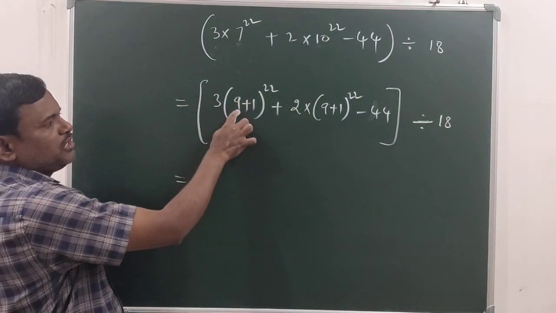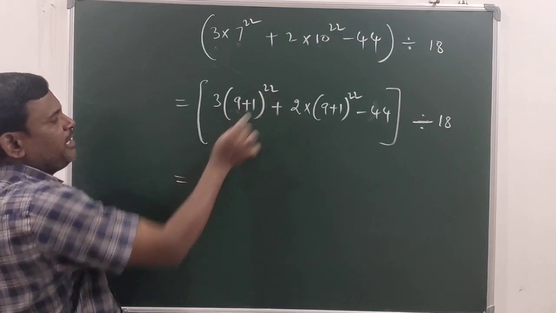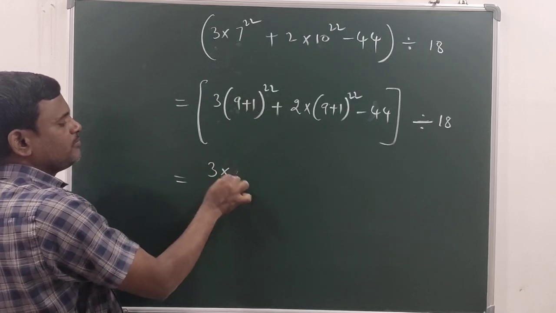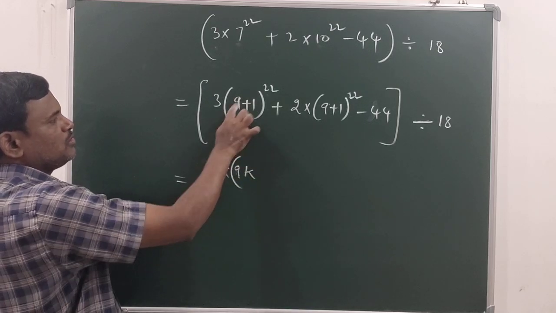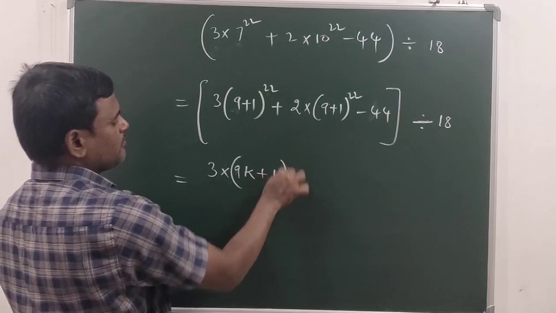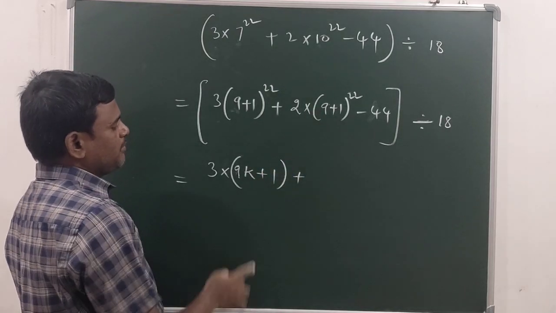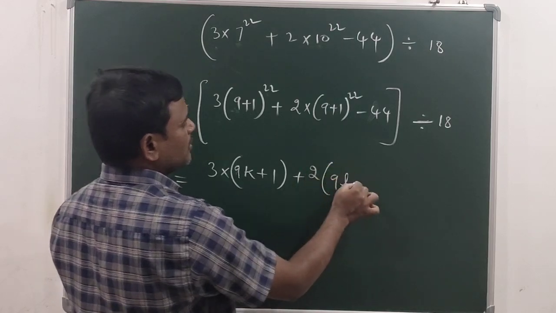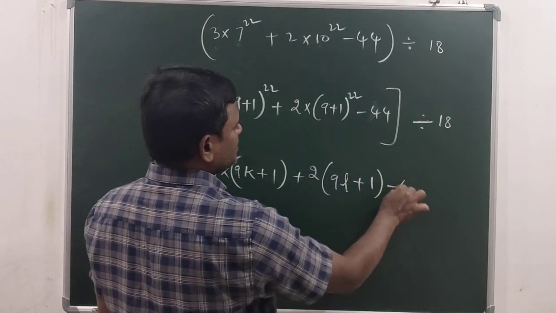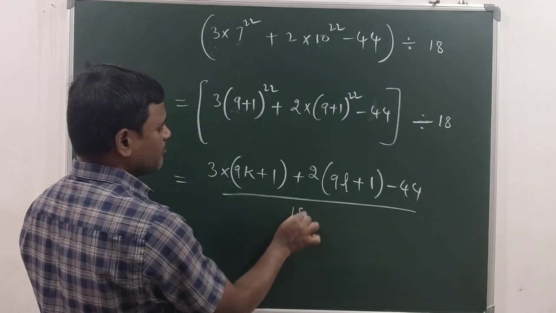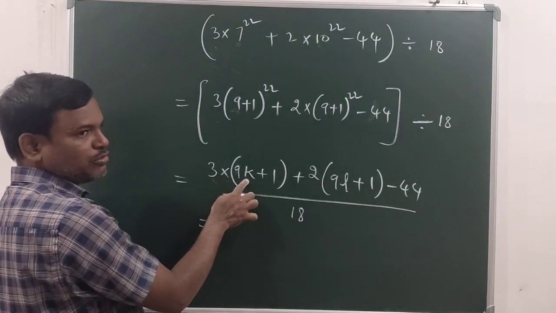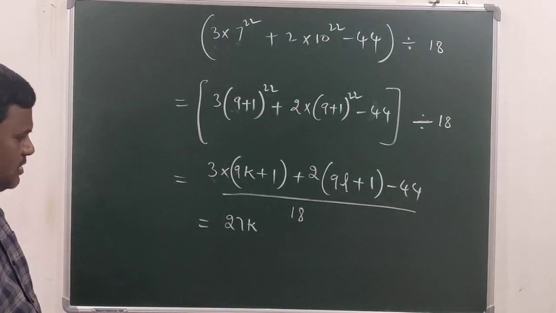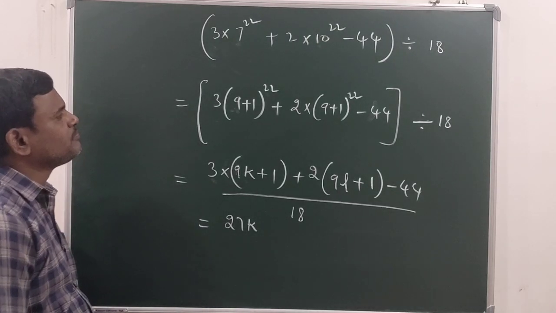Now, students, this you can write as 9k. So 3 into 9k plus 1, I am applying the binomial theorem. So 2 into this 9L plus 1, minus 44, divided by 18. Now send 3 inside: 3 nines are 27, 27K.